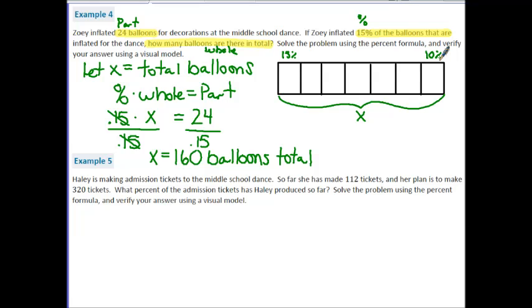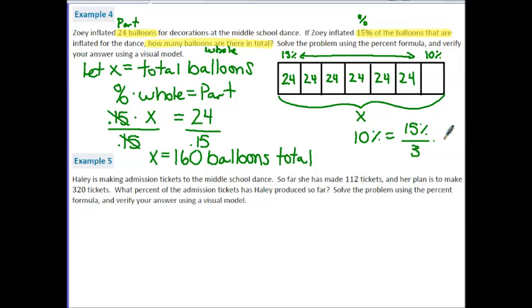So we kind of have to find a way to figure out what each of these boxes is going to be worth. So each of these are 15%. So we know that 15% represents 24 balloons. So because each of these boxes represents 15%, each one of these is 24, except for our last box, which represents 10%. Now, there's a way to figure out what our 10% is going to be. What I'd start with is take the idea that if we look at 15% and we wanted to turn it into 10%, 10% would be equal to 15% being divided into 3 parts, which would give us 5% each.